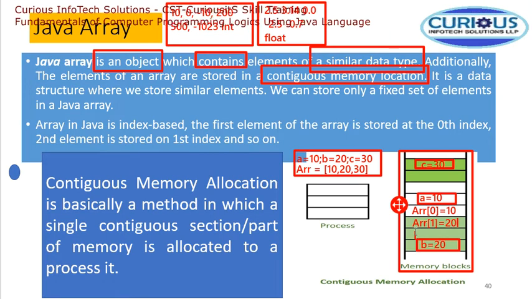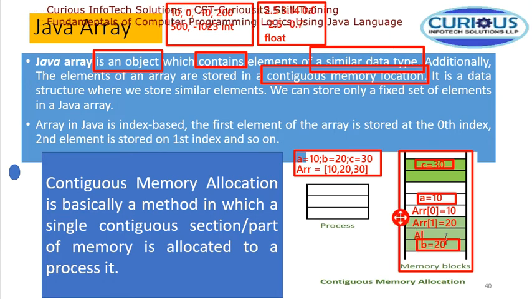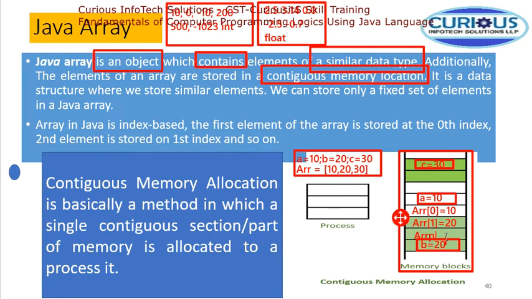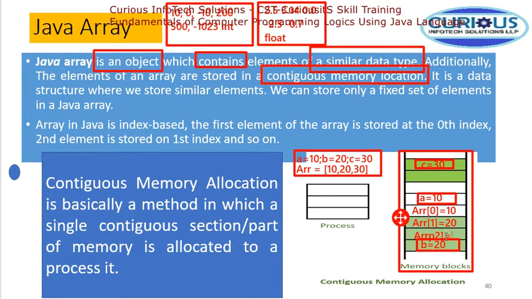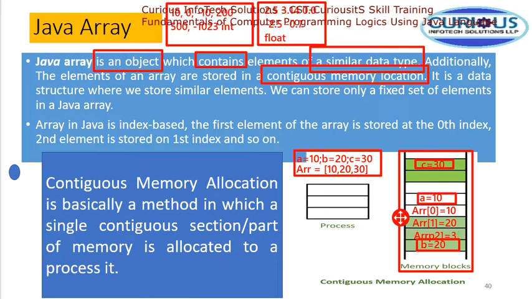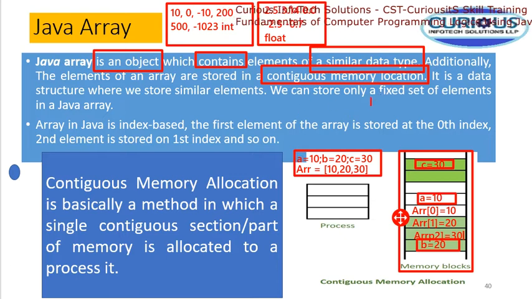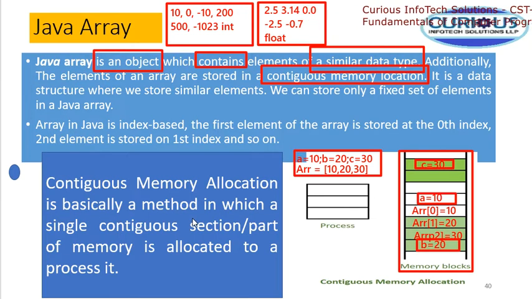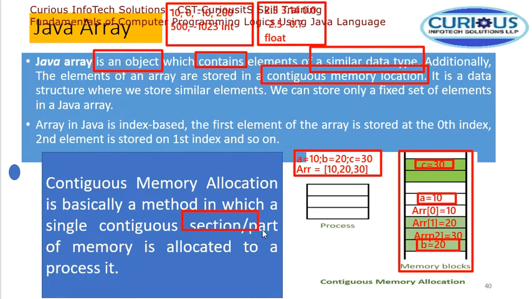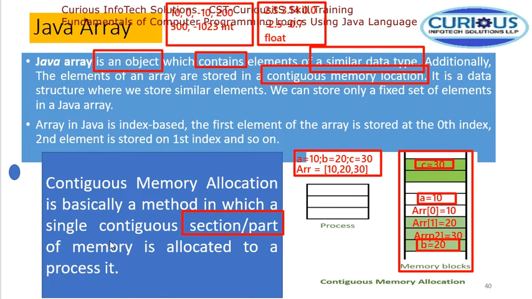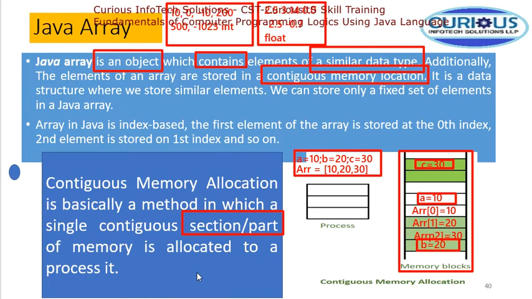So likewise you require a contiguous memory in which you can store all values in a section. This is called your contiguous memory allocation. So contiguous memory location means it is nothing but a section, a part of memory, that is allocated to a process.